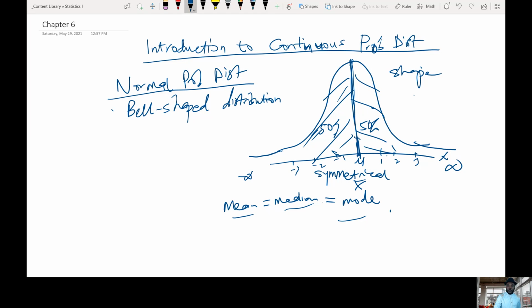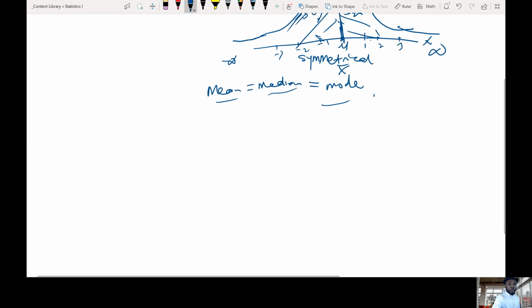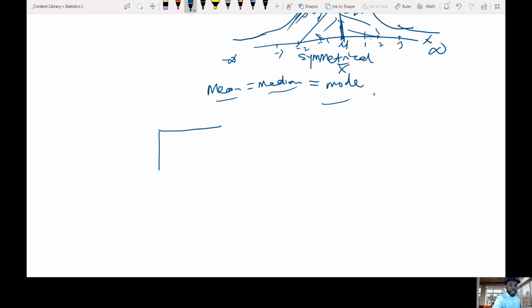Now, the probabilities that we want to compute are basically the area under this distribution. We want to find the area under this distribution. Okay. And how do we go about this? First, let's assume we have a uniform distribution, which means something like this. So it's uniform. Okay.